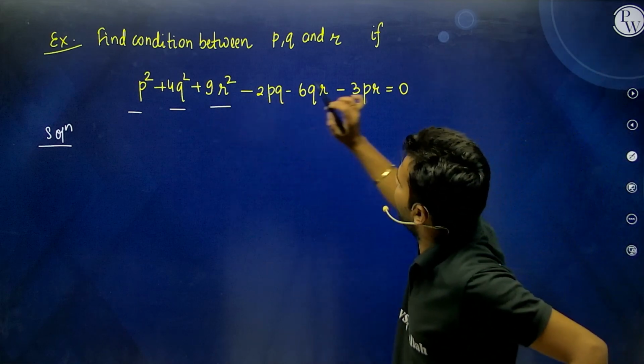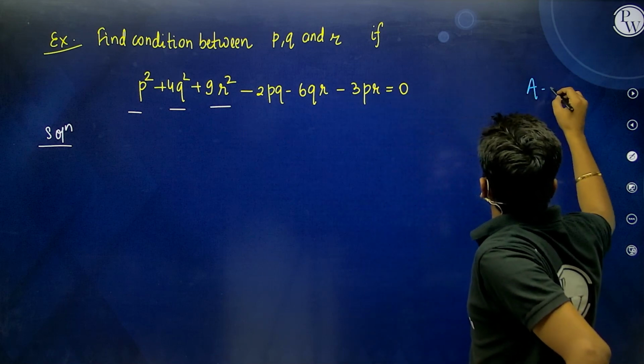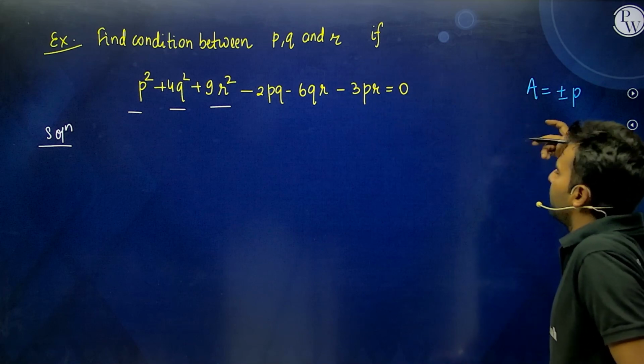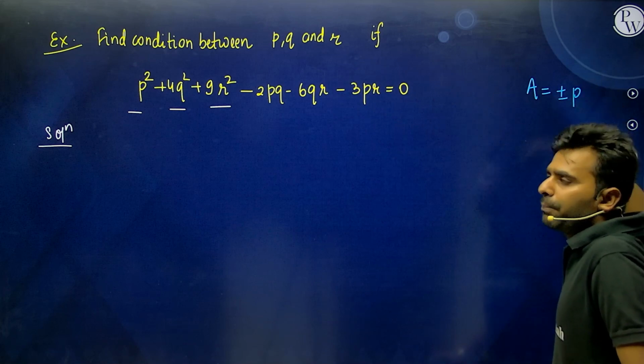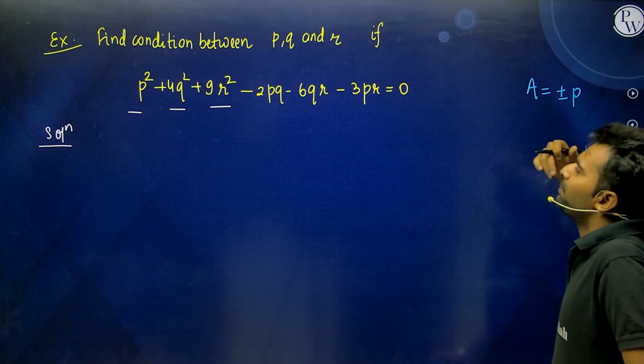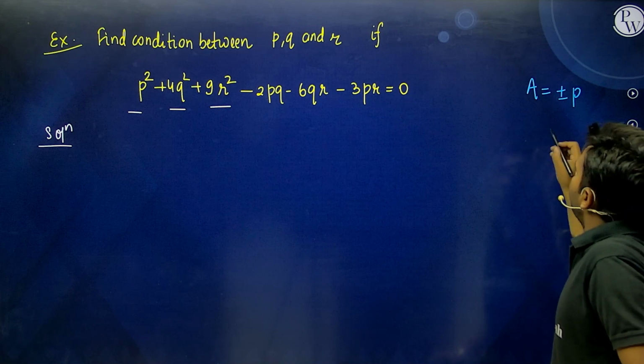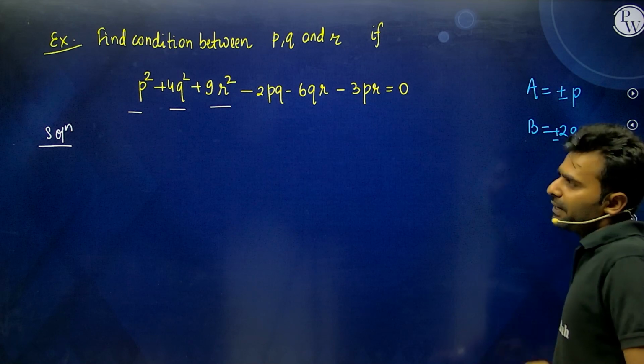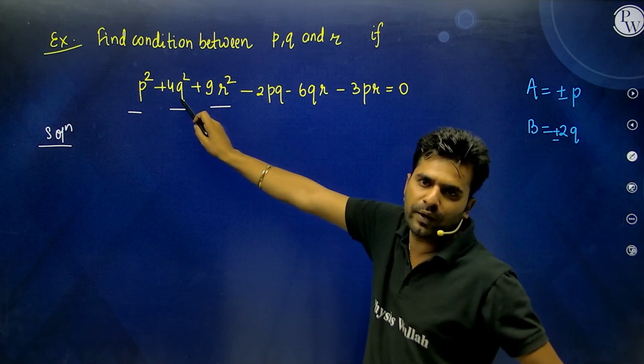Since these are squares, so A can be plus P or minus P, because ultimately A square will become P square only. Even if A is P or minus P, A square will become P square only. If B I take as 2Q or minus 2Q, ultimately B square will become 4Q square only.